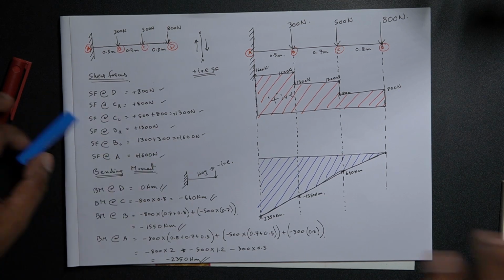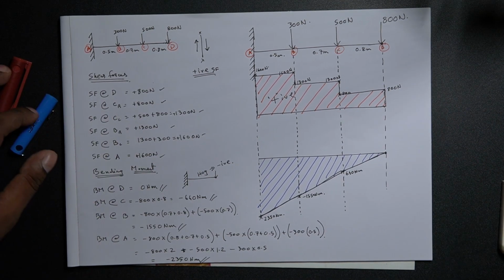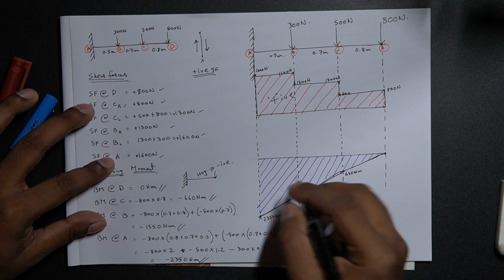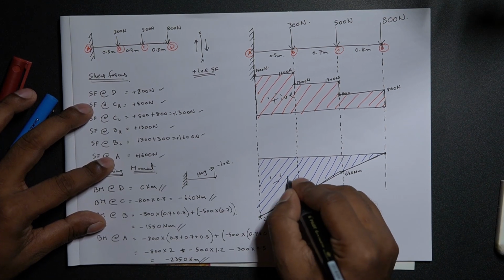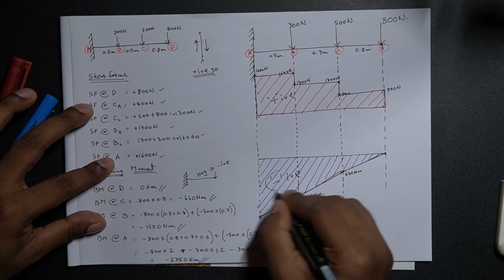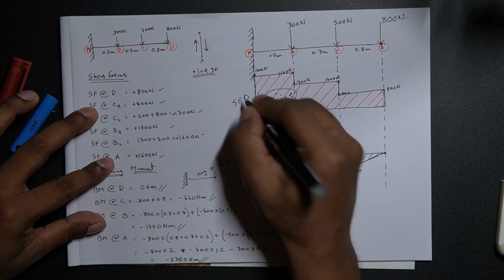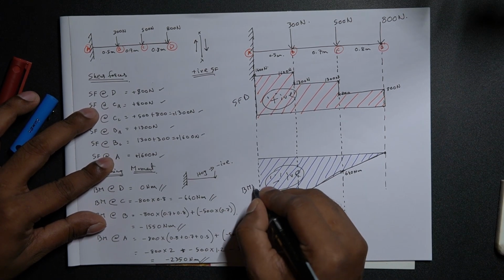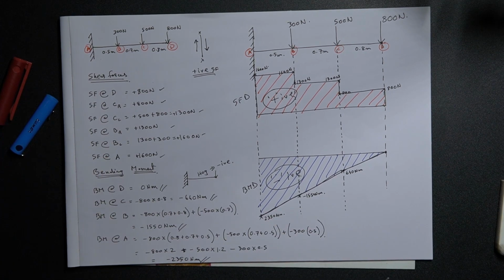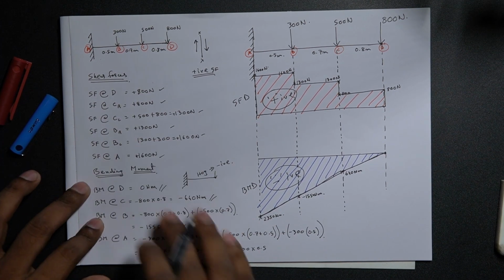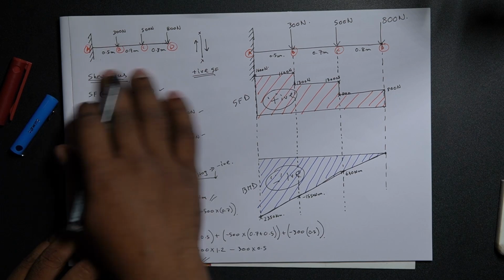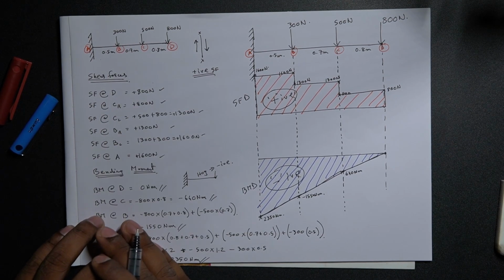So this is the bending moment diagram and this is the shear force diagram. Since everything is happening below the x-axis for the bending moment, this is negative. This is how you draw the shear force and bending moment diagram for a cantilever beam with 3 point loads distributed with different spacing.